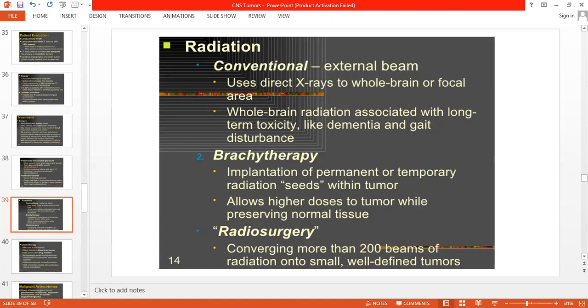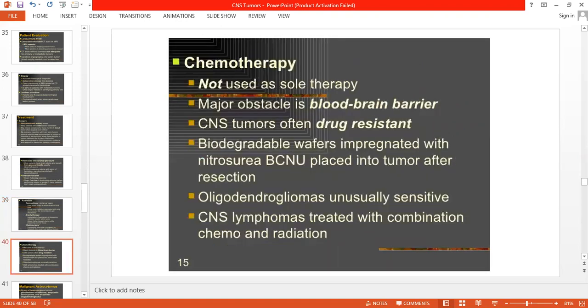It can aggravate the patient's already existing complaints by further compressing the normal brain. So, what is radiosurgery? This is converging more than 200 beams of radiation onto small, well-defined tumors.